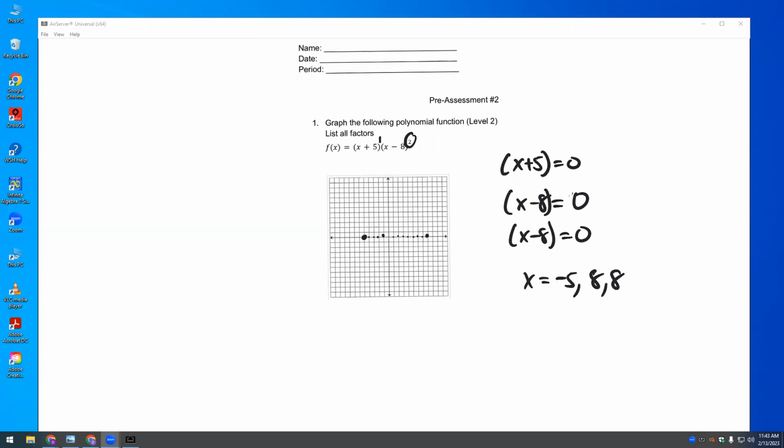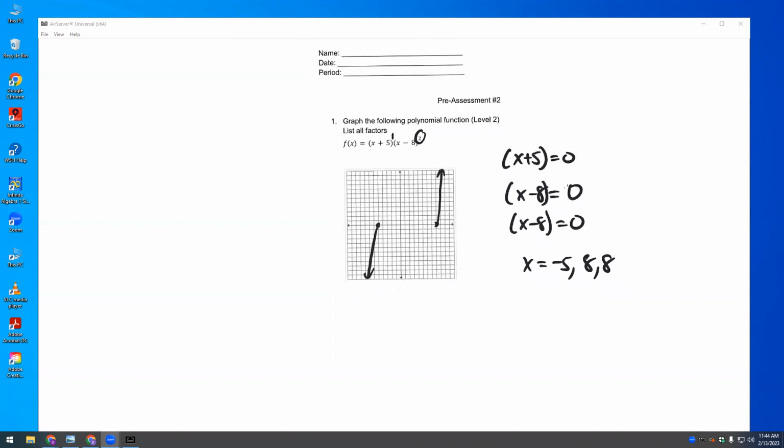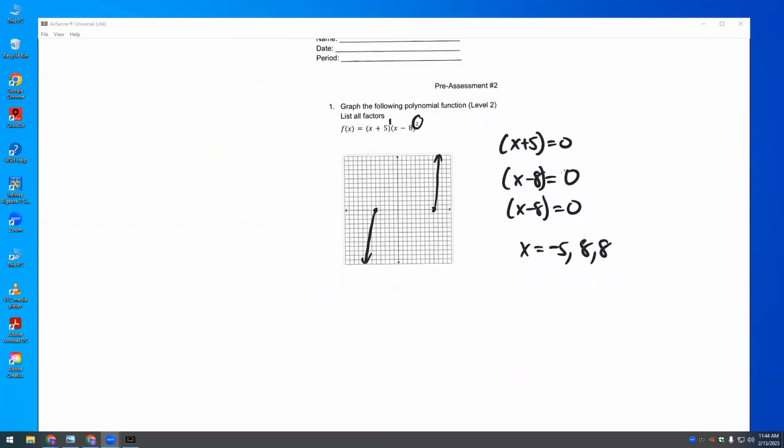Erase everything in the middle. And we know that it is going to go down on the left and up on the right because of the end behavior. So just plug in a few numbers. You can do the best you can with this, but let's plug in 0 or -1. You might want to spread out your numbers too.